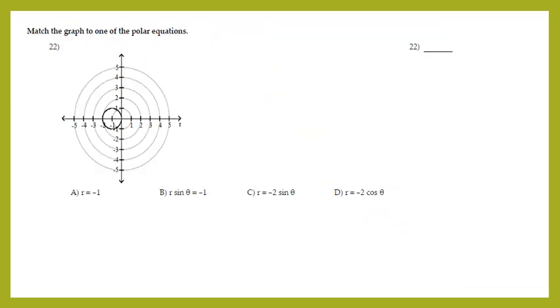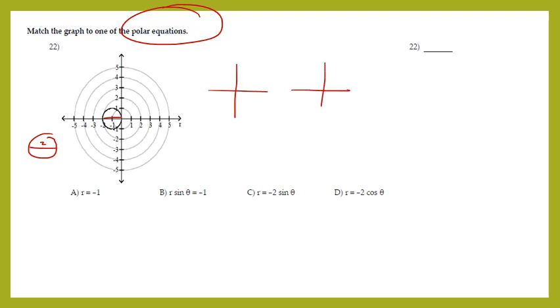Question 22, how can I change this graph into a polar equation? We should know that I have a circle and the diameter of this circle is 2, to the left. We have 4 cases: 1, 2, 3, and 4.